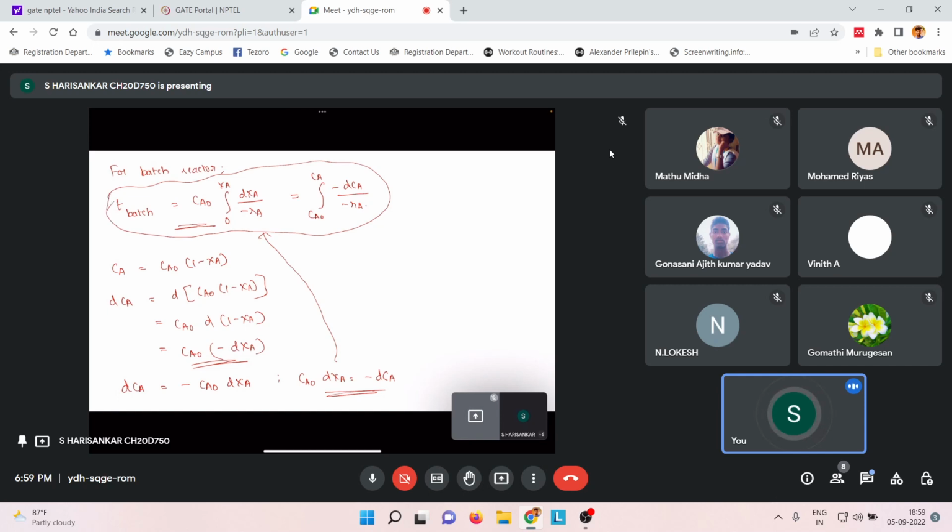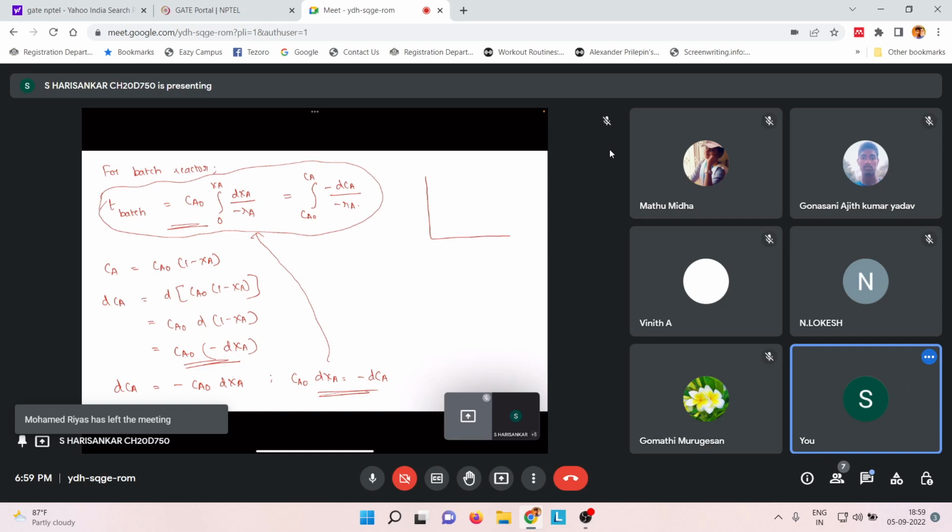We can even plot this. If we take 1 by minus Ra against conversion, this plot is with respect to the first equation. We'll get a plot like this, and the area under this curve will be t by Ca0.